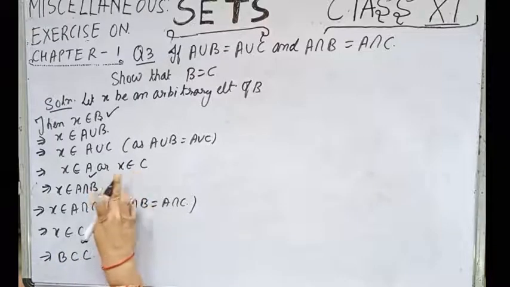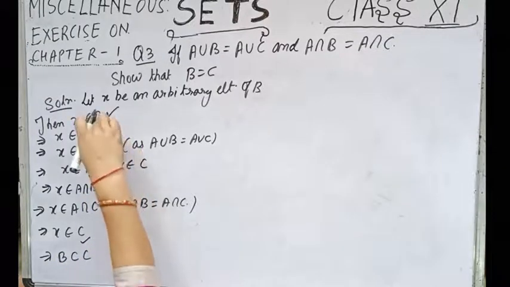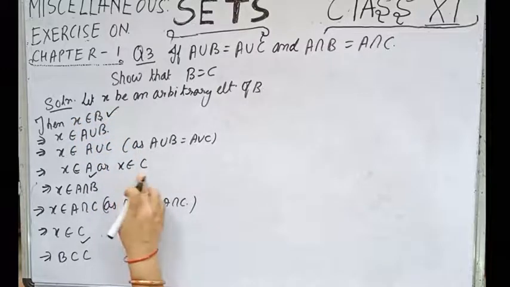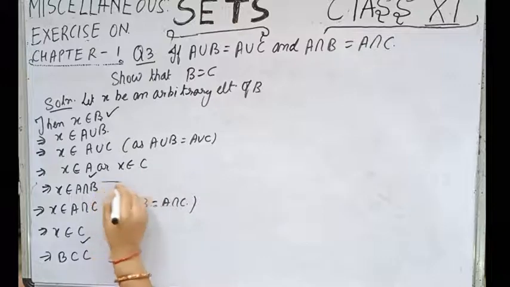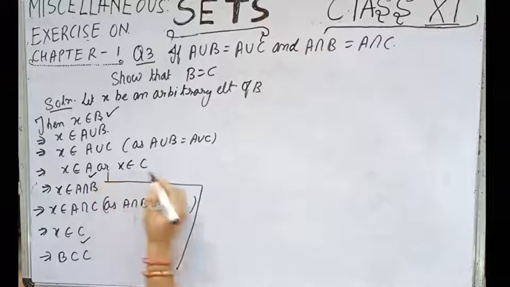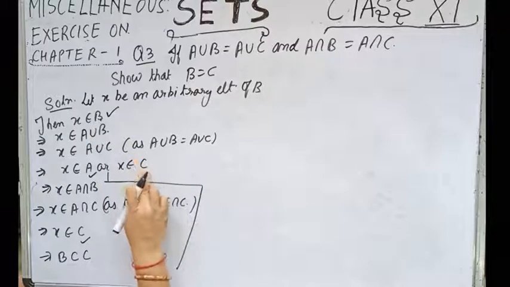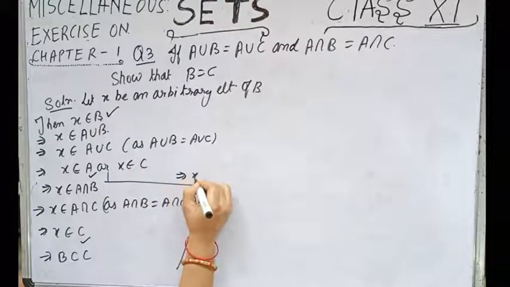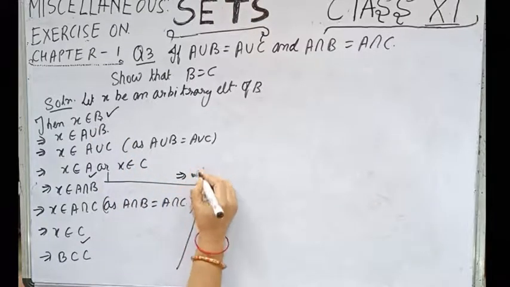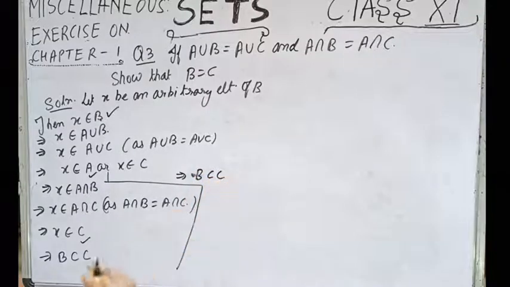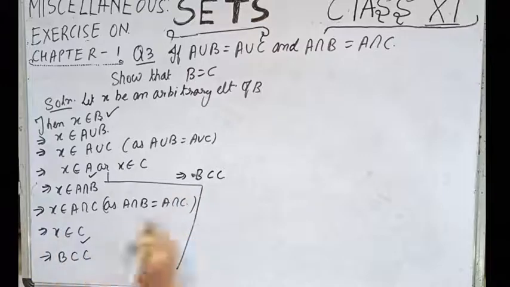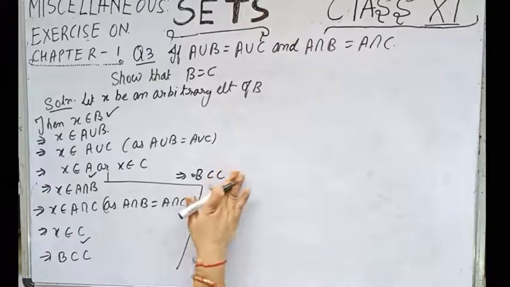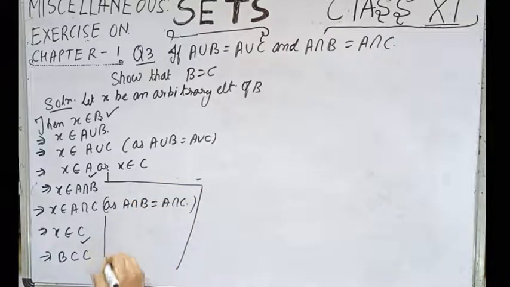Now one more condition was there, or X belongs to C. So we have X belongs to B, X belongs to C. Over here we can make a column. So X belongs to B and X belongs to C implies B is a subset of C. So we have got the result as B is a subset of C. Instead of writing it here, I am writing it over here.